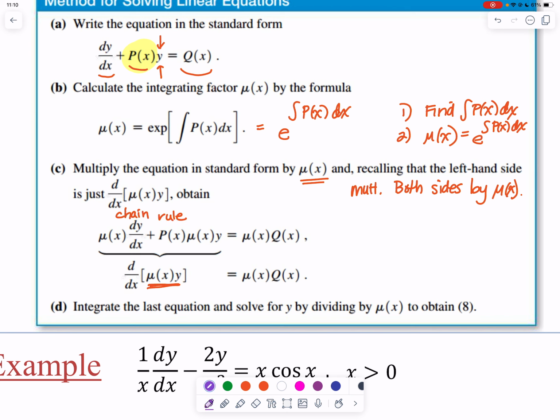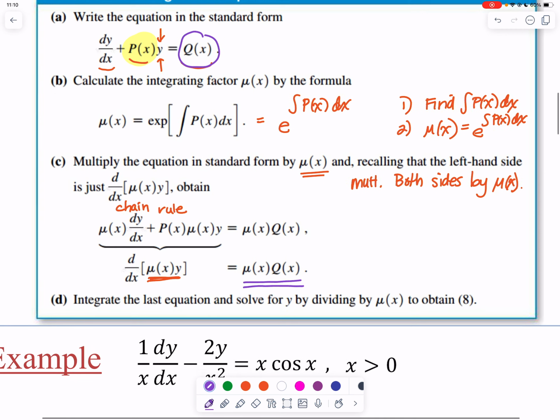And the derivative there is the first function times the derivative of the second function plus the second function multiplied by the derivative of that first function. So you can see it right here. So that left-hand side is going to be the derivative of mu of x times y. And the right-hand side, we will have mu of x times q of x, okay? And q of x was that function on the right-hand side when we wrote that in our standard form.